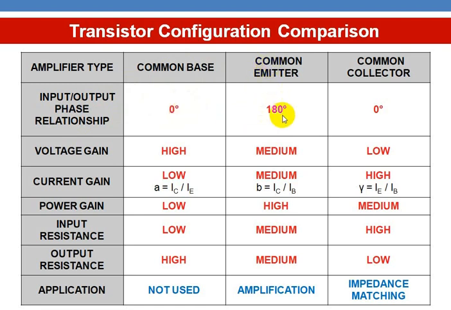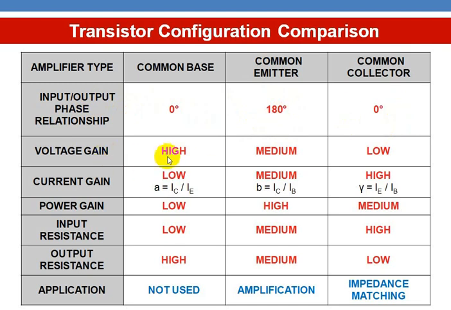Common emitter it is 180 degrees, that is, you will get a completely inverted output. So if you apply a sine wave, you'll get an inverted sine wave output. If you apply positive voltage, you'll get negative voltage; if you apply negative voltage, you'll get positive. So complete 180 degree inversion you will get. And common collector, there is no phase shift.